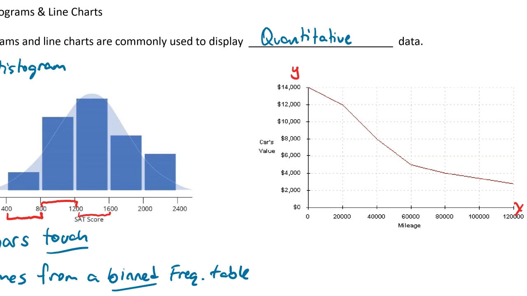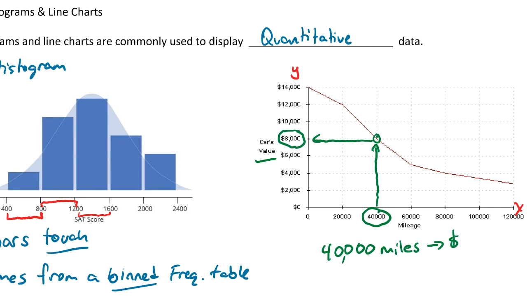What I mean is if you take a look at, for example, 40,000 miles at the bottom, then if you want to know the car's value, all you have to do is look up, find where it is on the line, and then look over, and that tells you the car's value. So at 40,000 miles, for example, that means your car would be worth $8,000, right, according to this one line chart.